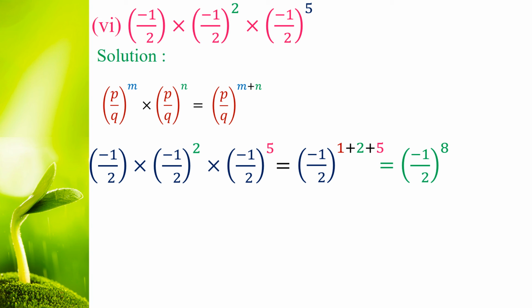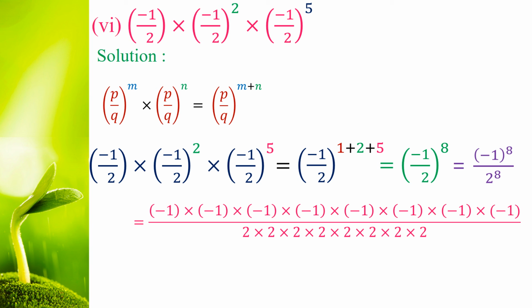Minus 1 by 2 to the power 8 can be written as minus 1 to the power 8 by 2 to the power 8. Minus 1 to the power 8 means we should multiply minus 1 by 8 times. Then 2 to the power 8 means we should multiply 2 by 8 times.